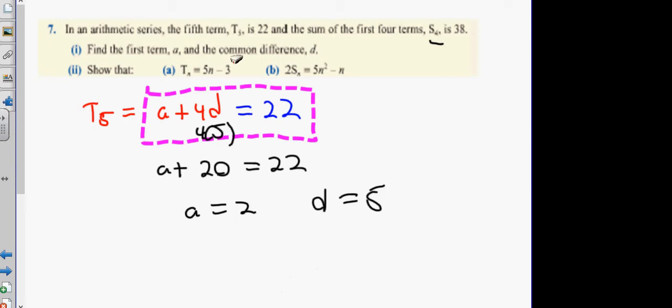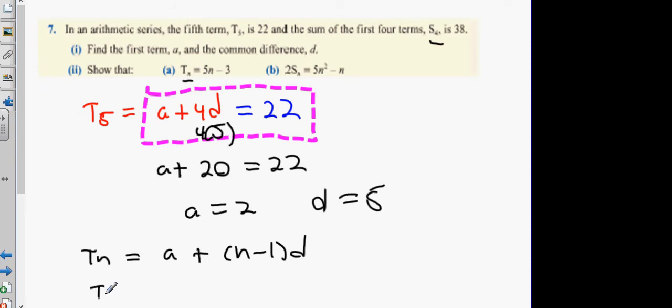Now, show that Tn equals 5n minus 3. Well, what we did earlier was Tn equals a plus n minus 1 times d. Now Jack, this is what you're talking about. It wants me to find out what Tn is. Therefore I can't replace n this time.